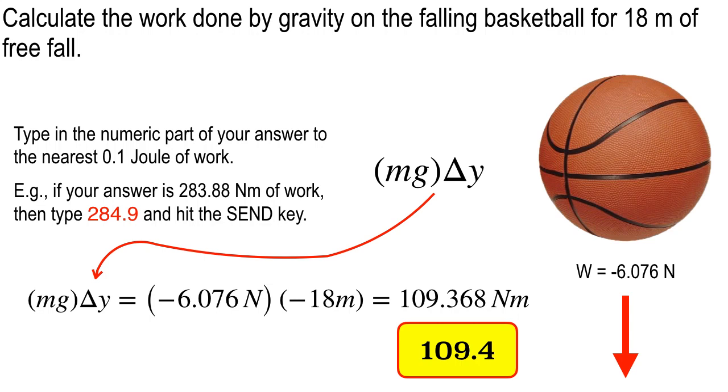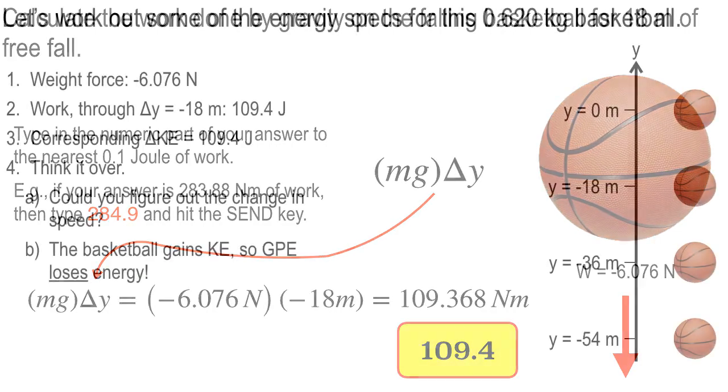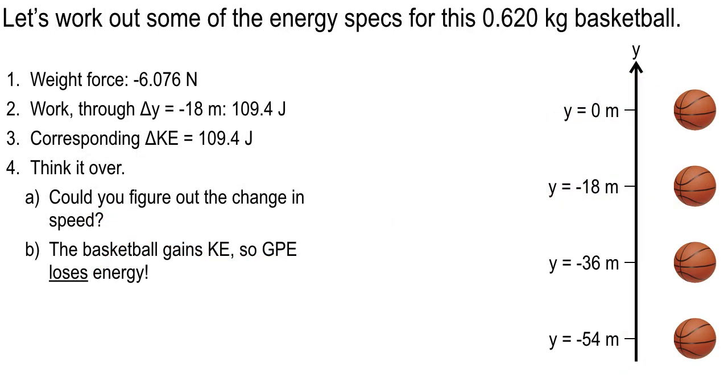So there's that calculation. Now we're going to do the brain burner. The question I want you to think about now is, can you figure out the change in the speed? And the answer, of course, is yes, you can.